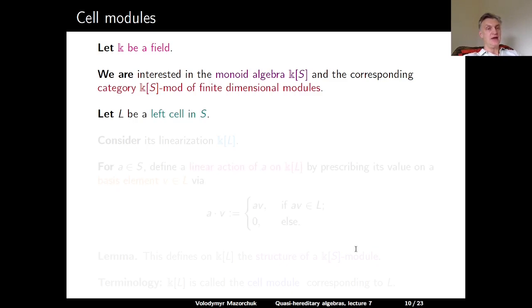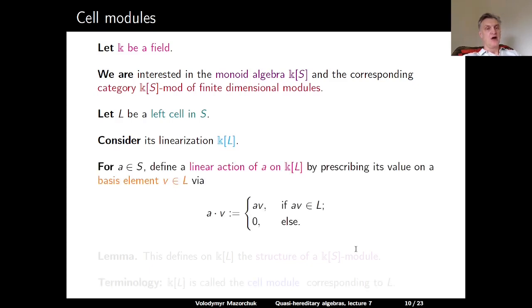Let L be a left cell in S. Let us consider its linearization, so the formal vector space where the elements of L form a basis. For any element A in S, we can define the linear action of this element A on this linearization K of L by prescribing the values of this action on some basis element V in L as follows.